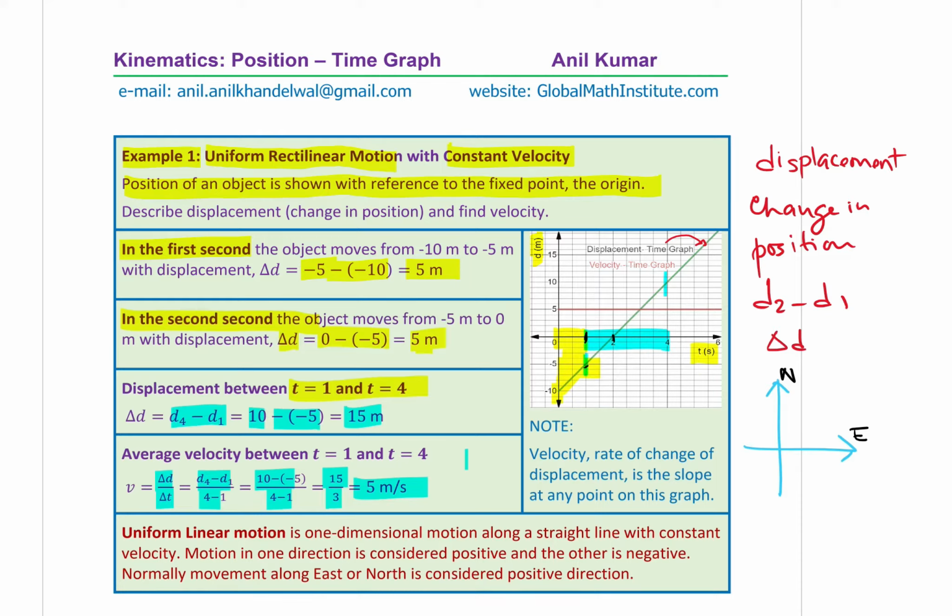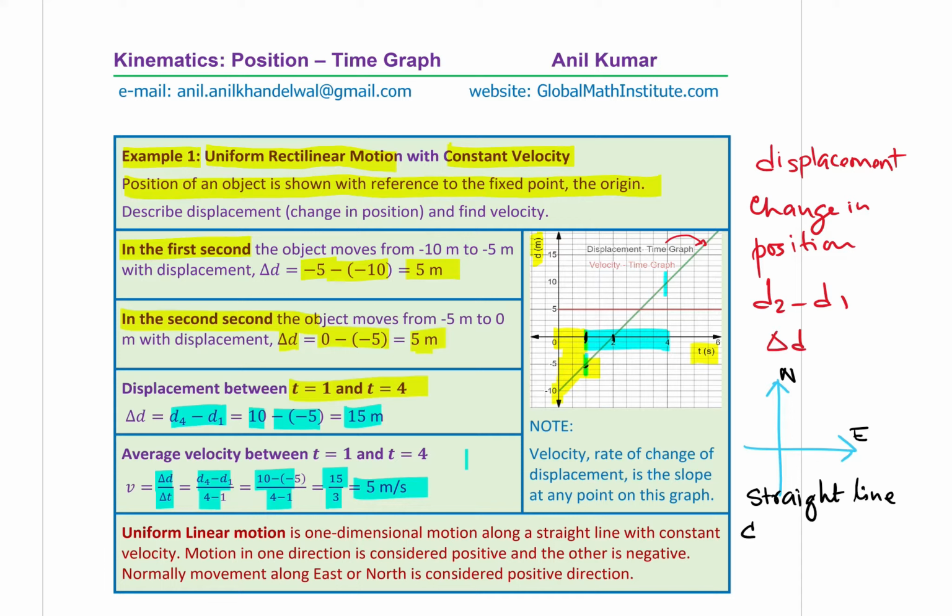So the unit for displacement is meters and for velocity in this case is meters per second, correct? So that is how we can find the average velocity between these 2 points. Now, when the displacement-time graph is a straight line, in that case, the instantaneous velocity is the same as the average velocity, right?